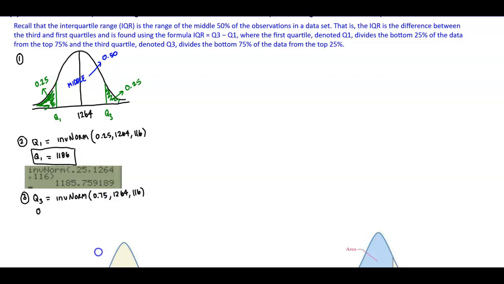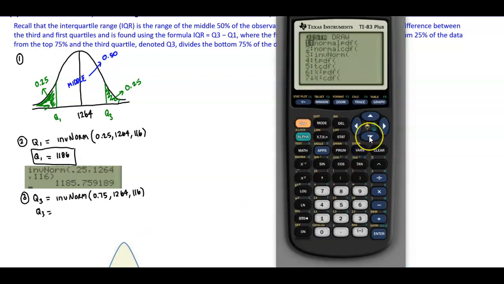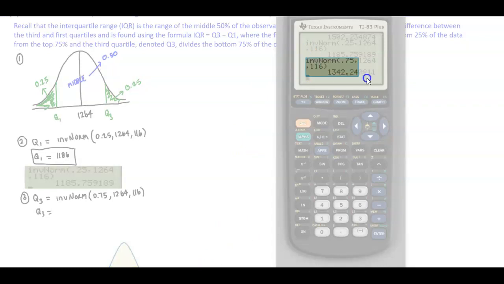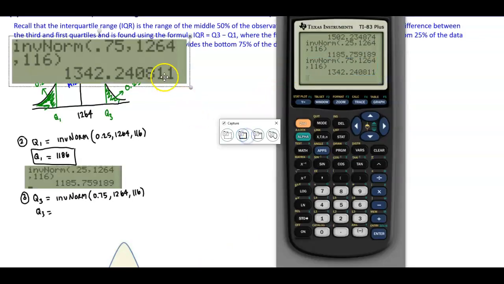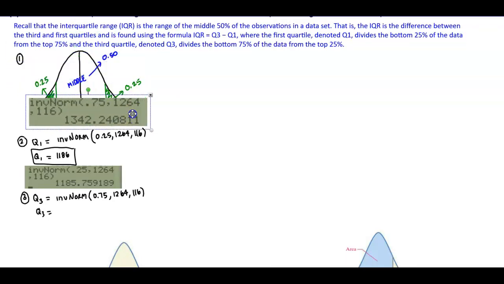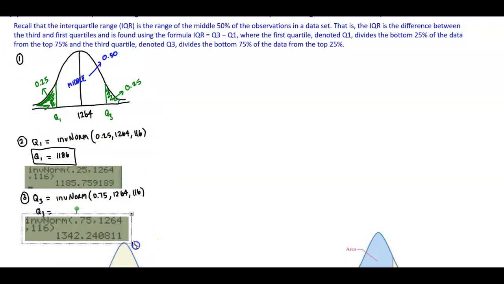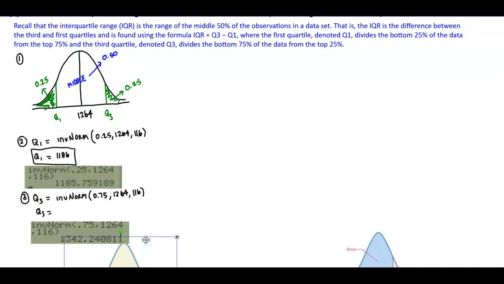So let's go ahead and figure out what quartile 3 is going to be. So second distribution INV norm, we have 0.75, 1264 is our mean, and we know that 116 represents our standard deviation. So let's go ahead and copy that. So let's go ahead and round that to the nearest whole number, which becomes 1342.